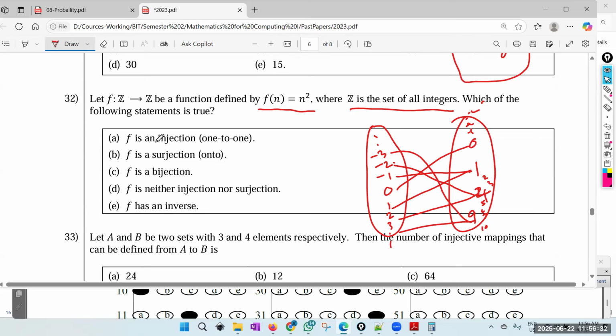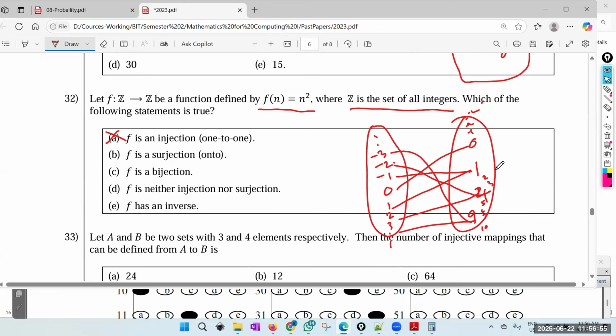10. Right? Is f an injection? Actually, it must be an injective function. It is not injective. It is not 1 to 1. You can see it's many to 1. -2 is also mapped to 4, +2 is also mapped to 4. It's many to 1, not 1 to 1. If it is not 1 to 1, is it surjective?